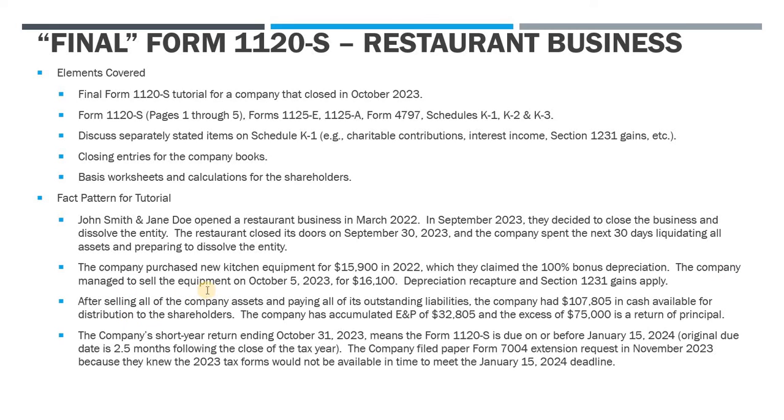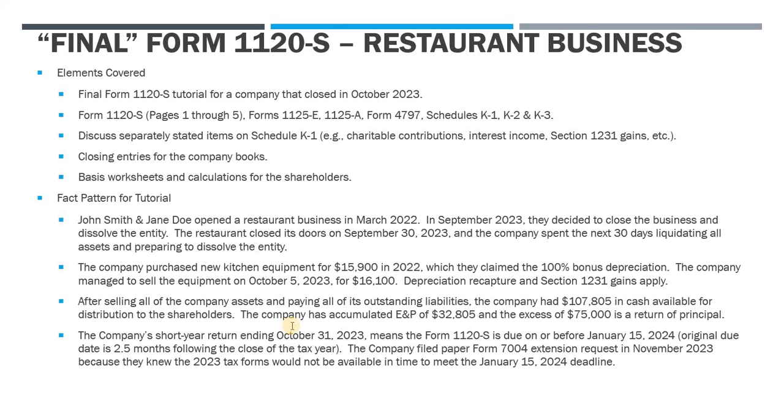Now, as far as assets here, the company bought some kitchen equipment last year for $15,900, and they took 100% bonus depreciation last year. And so when they sell it this year, they actually managed to sell it for a little bit of a gain. They got all their money back. And so for that reason, we're going to have some ordinary depreciation recapture, and they've got some 1231 gains that will apply.